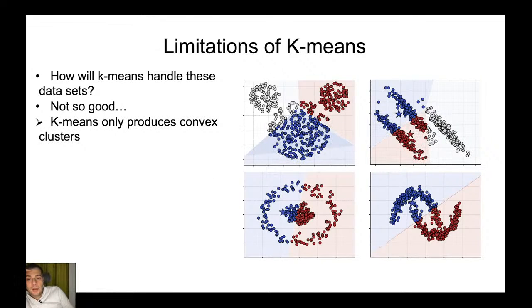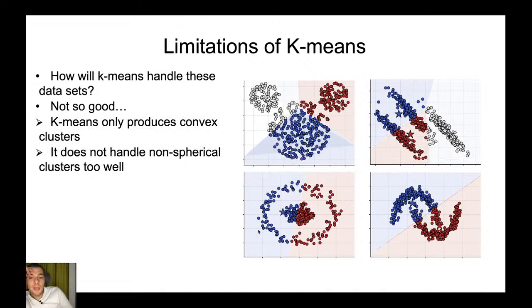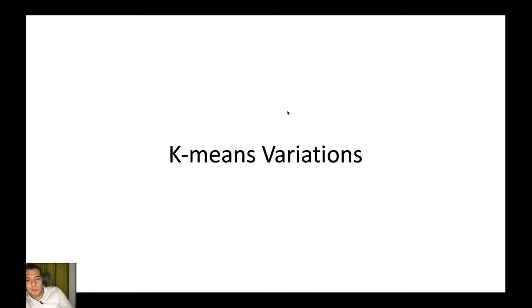So k-means produces only convex clusters, so this problem is observed here and here. It does not handle non-spherical clusters, so these are skewed here, it's not a spherical cluster. But even for a spherical cluster, it tends to produce equally sized clusters, so even these are not separated as we would expect.